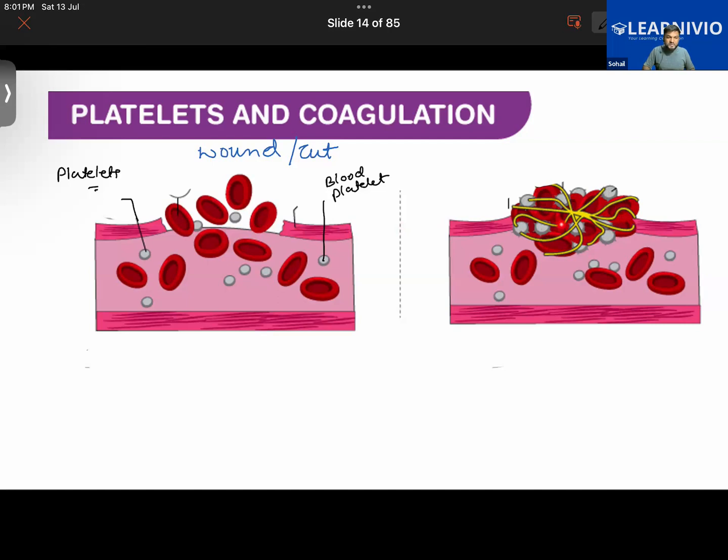So these cells help in the formation of a blood clot, and thereby prevent the blood from flowing out of the body due to an injury. So that was all about the functions of blood platelets.